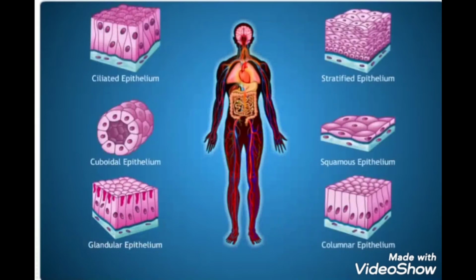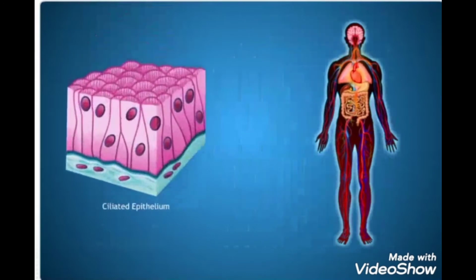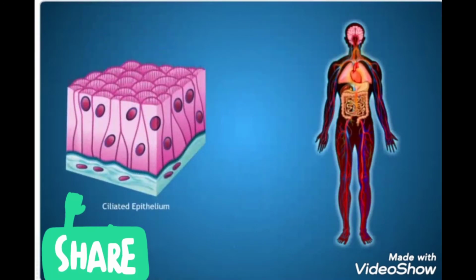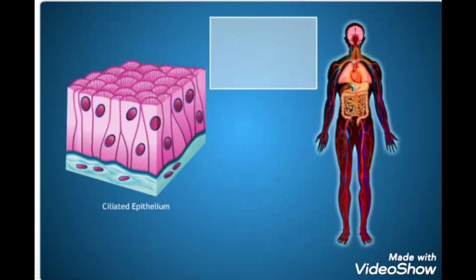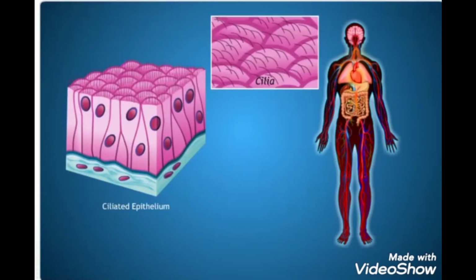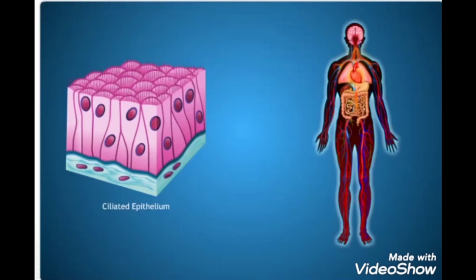This is the lining of the respiratory tract, where ciliated epithelium is found. These tissues are actually columnar cells with hair-like projections called cilia. Cilia are motile, and thus their movement pushes the mucus forward into the nasal tract to clear it.